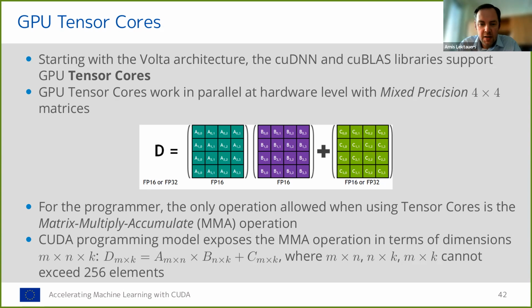So not only multiplication, but also addition of matrices is an additional component there. For example, the next library that I will mention, cuDNN, under the hood actively uses Tensor Cores where available, if available in practice.